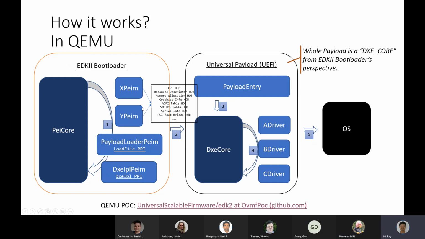We call that a bootloader. The bootloader will just include the universal payload ELF file itself, with no other DXE drivers or platform DXE drivers. So we treat it as an ideal case where there is no platform payload.